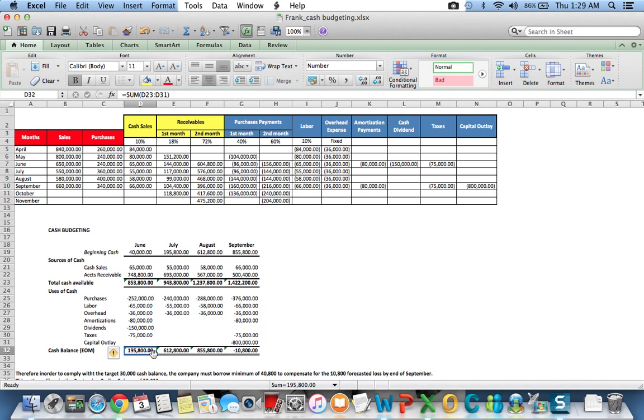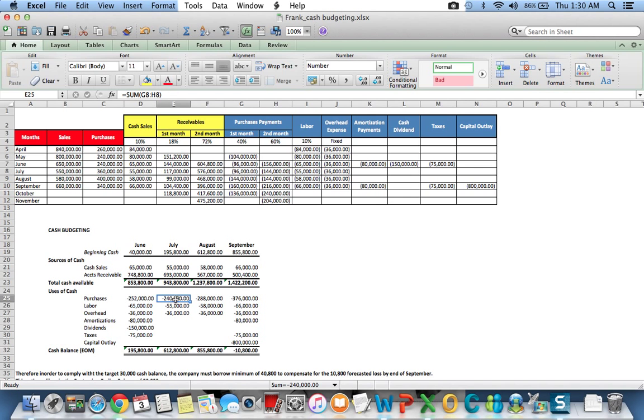The ending cash balance of the month of June will be forwarded as the beginning cash for the month of July, which is 195,800. The cash sales for July is 55,000. Accounts receivable for July, a total of 693,000. The total cash available is 943,800.